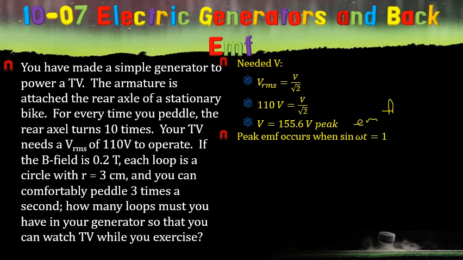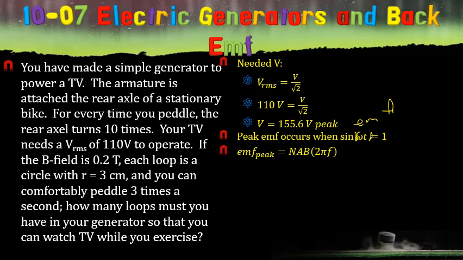So our peak EMF occurs when the sine of our angular velocity times t equals 1, because the maximum sine is when sine equals 1, the biggest value sine can be. So since we have our peak EMF, our maximum EMF, we want the maximum value for sine.